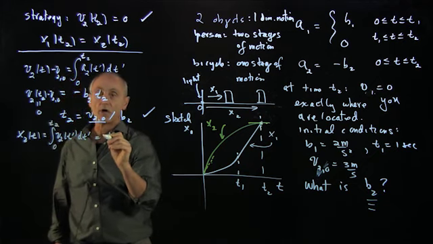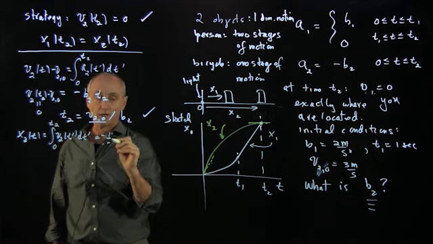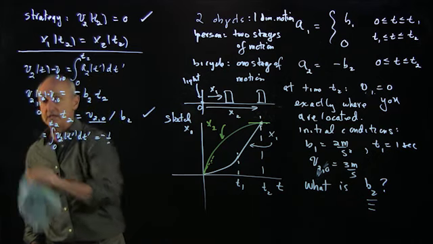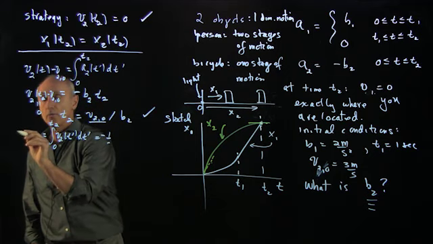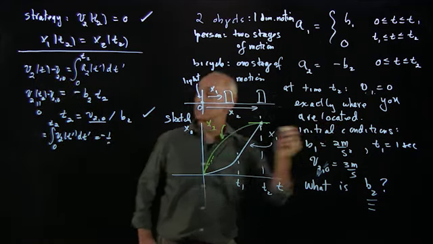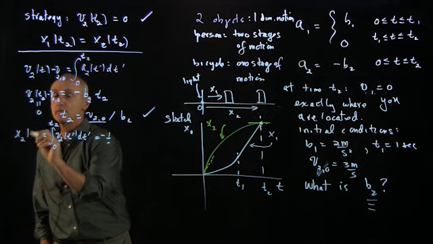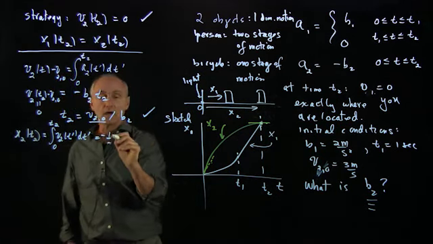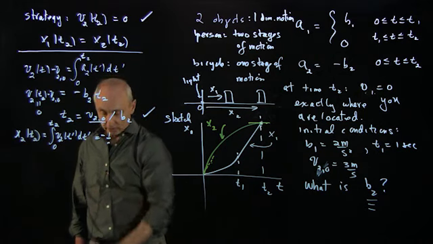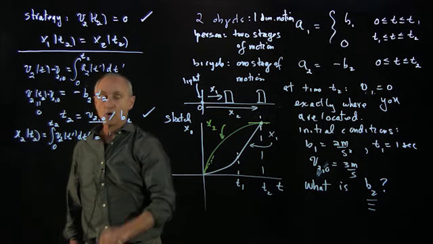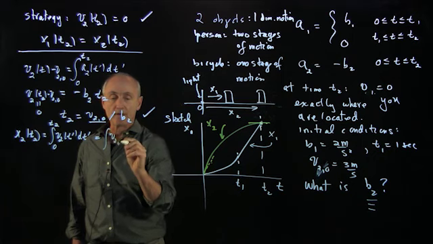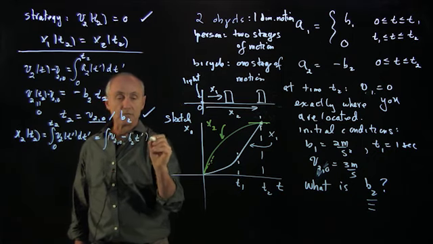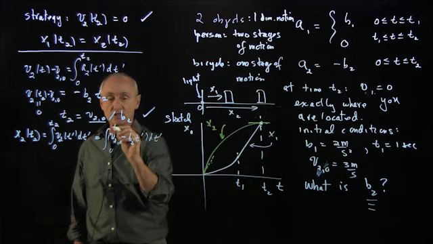We'll want to make sure that we get the displacement, but x2 naught is 0, so we have x2 at t2 equals the integral of the velocity function, which is v2 naught minus b2 t prime dt prime from 0 to t2.